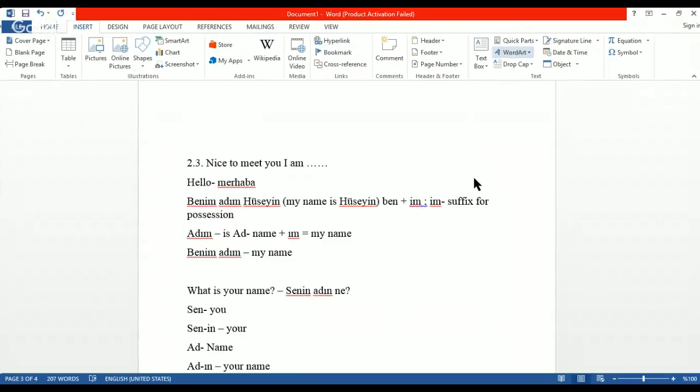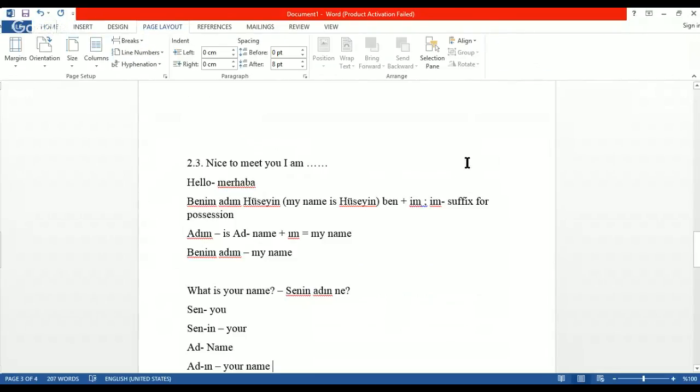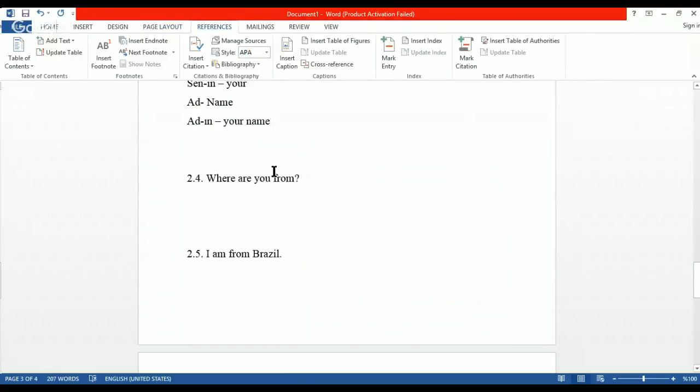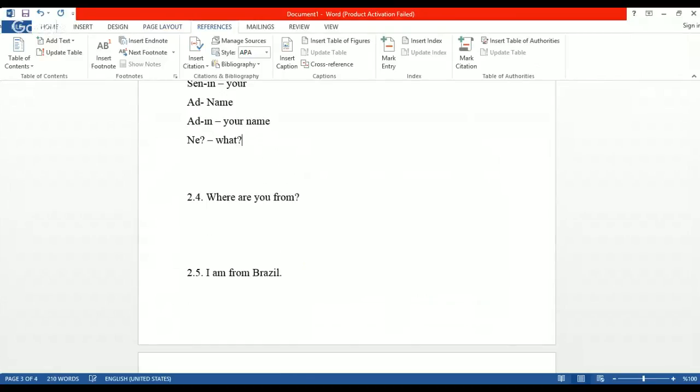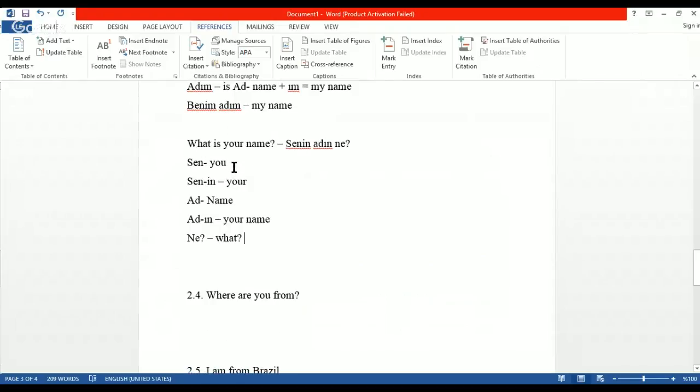In Turkish, basically, you don't need to use the personal pronouns such as I, he, you, we, and mine, yours, his, hers, because the noun itself will already carry the suffix sufficient for you to understand who is doing the action. You don't need to use these personal pronouns, but I like to show them here just to show you where their location is in a sentence. And the word ne means what? So in Turkish, basically, you would say, your name is what?